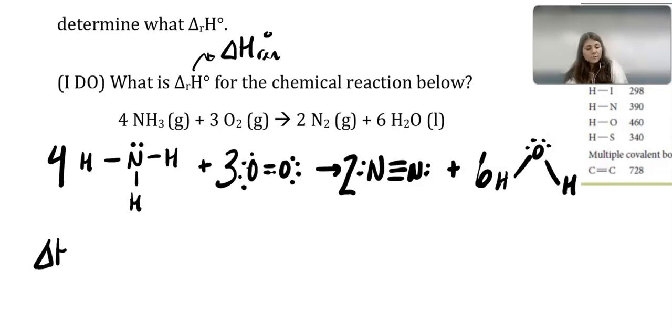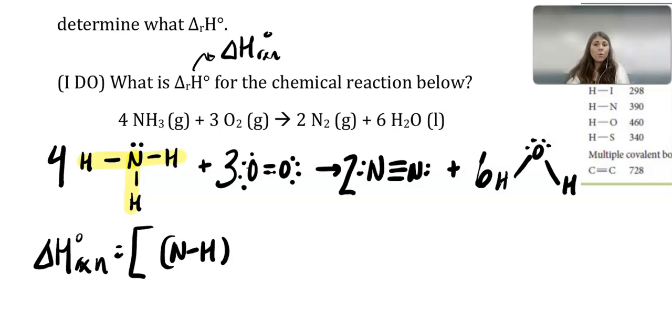So here, to start this off, we need to look at what type of bonds we see in our reactants. So I see from the NH3, I see a nitrogen-hydrogen bond. But if you notice, I have 1, 2, 3. I have 3 in one single NH3 chemical compound.